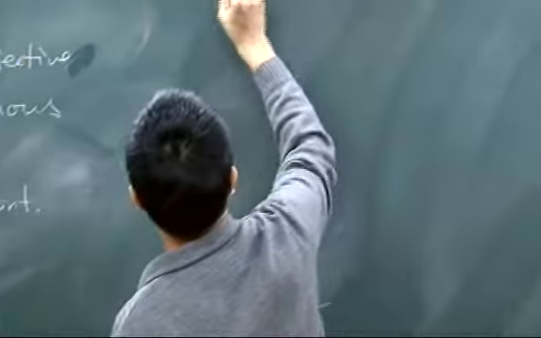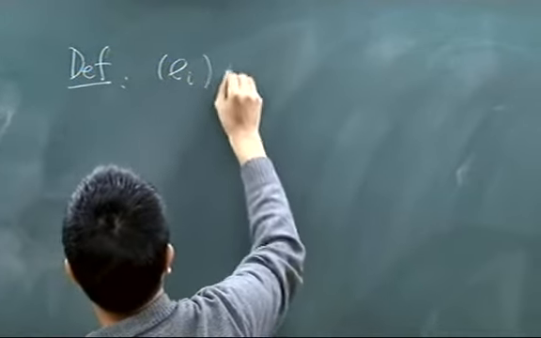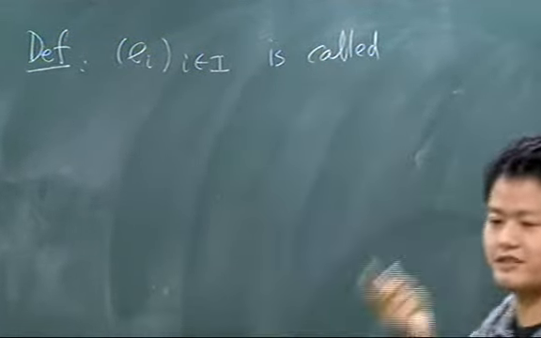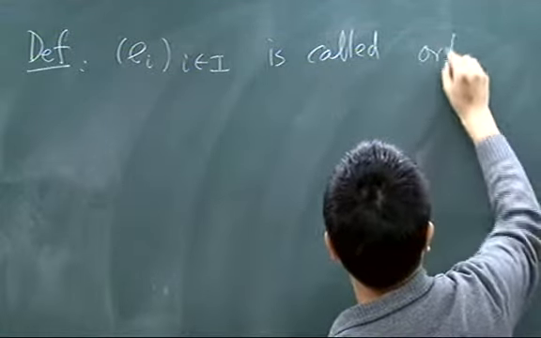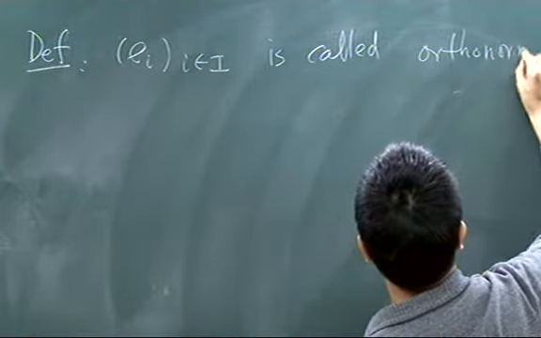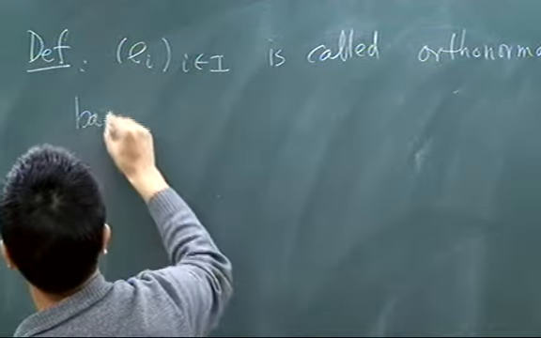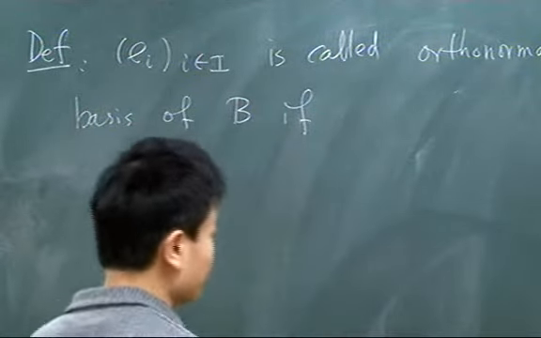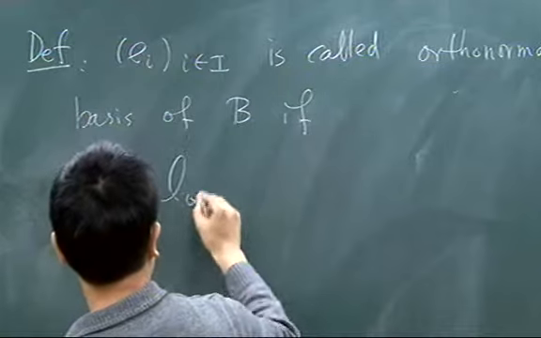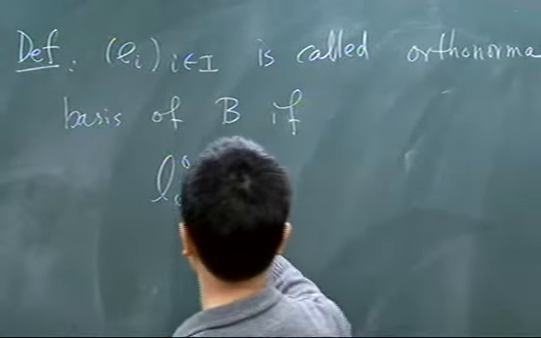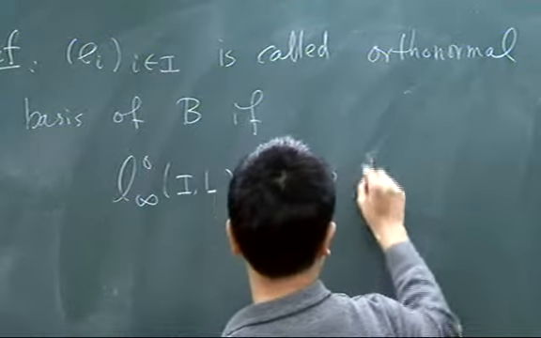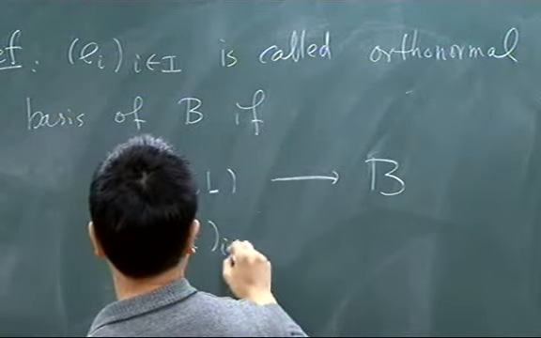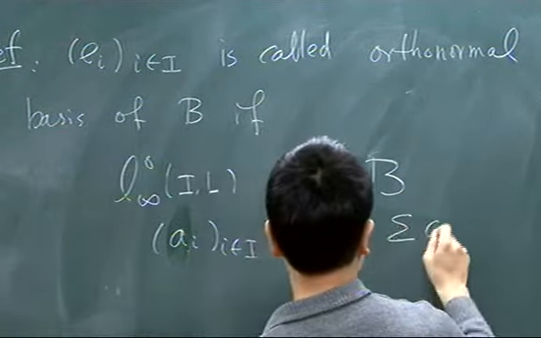If you have e_i, which is an orthonormal basis of B, we can define a map from l^∞ to B, sending (a_i) to the sum of a_i e_i.